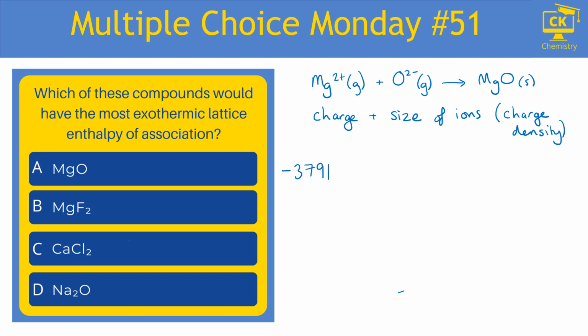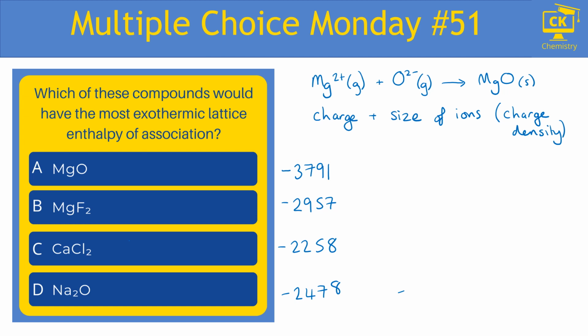Let's compare that with magnesium fluoride, which is -2957. Let's have a look for calcium chloride, -2258. And then our sodium oxide, which is -2478. So you can see that the magnesium oxide is by far the most exothermic out of all of them.